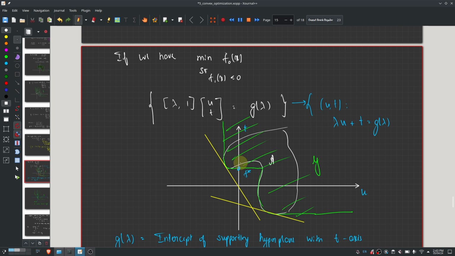Again, all of this is in 2 dimensions only. It's a very restricted class of optimization problems, but you can generalize this to higher dimensional spaces. This nice geometric interpretation is visual in the case of 2 dimensions, but for higher dimensions, it's slightly more complicated.